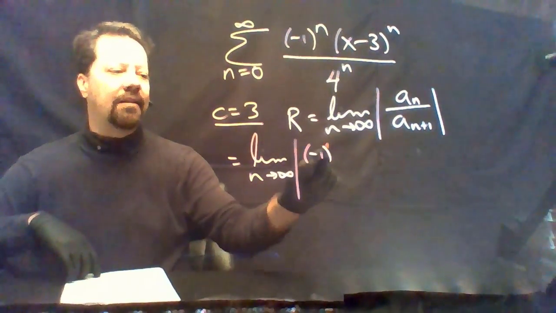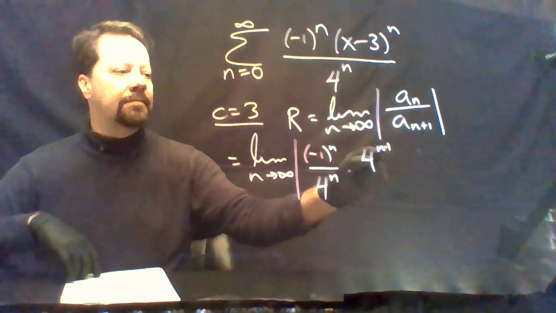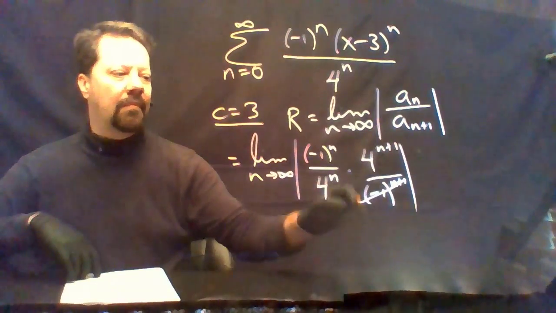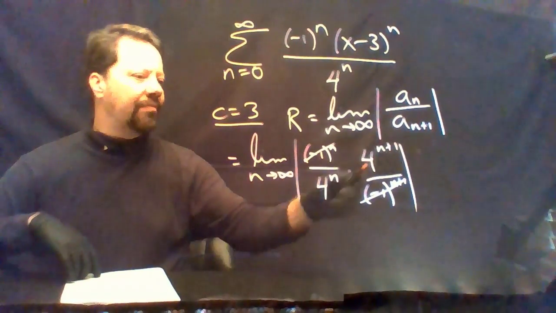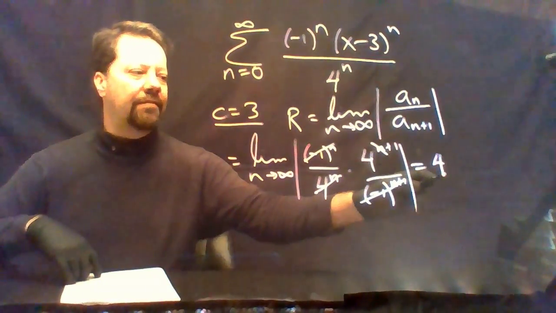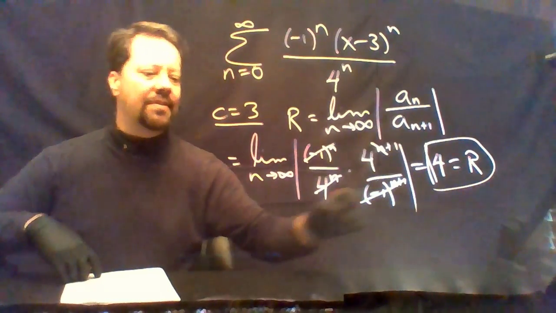I'll put it there, but we'll cancel them off anyway. Yes, these go away. 4 to the n cancels, and the limit is 4. That's the radius of convergence. That's one of our answers.